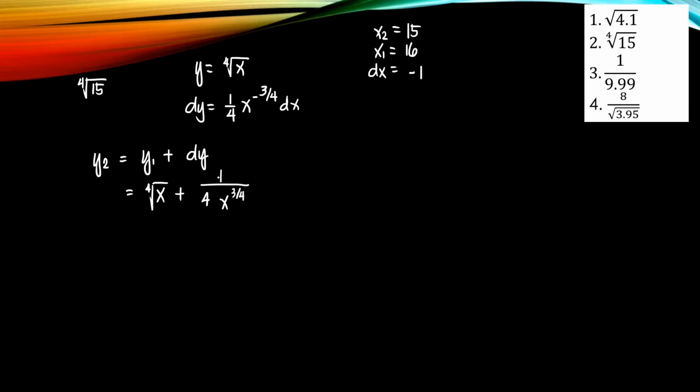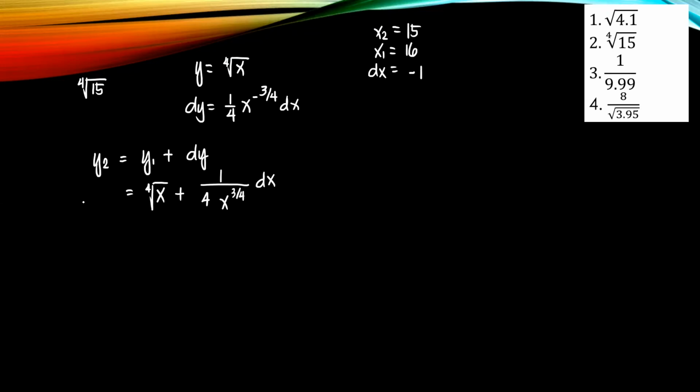So what is dy? For dy, let's use the power rule. 1/4 x to the -3/4 dx. Okay, writing the formula, y2 is equal to y1, so basically what we're applying is the linear approximation, guys, plus dy. Therefore, y1 is basically the fourth root of x plus dy, which is 1/4 x to the -3/4 dx. Okay, I'll just write it as an exponent.